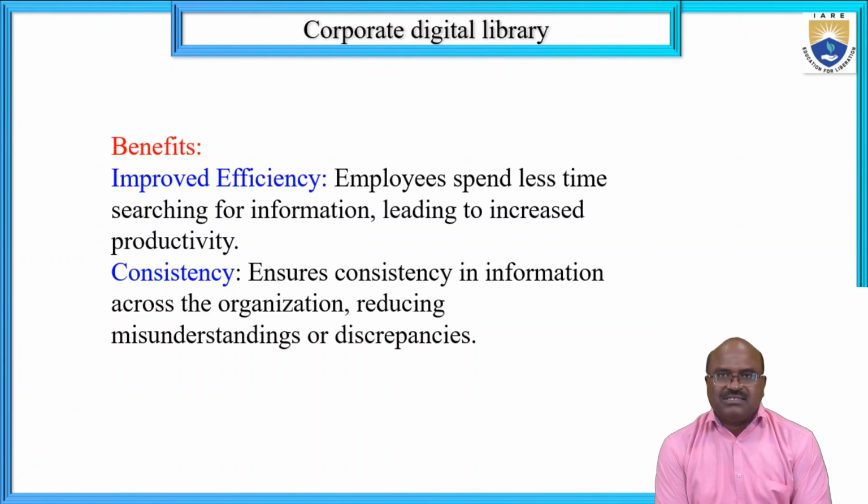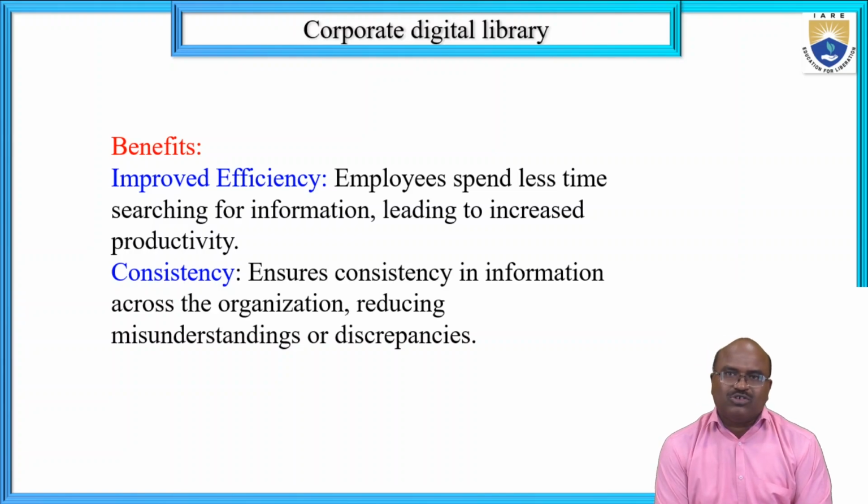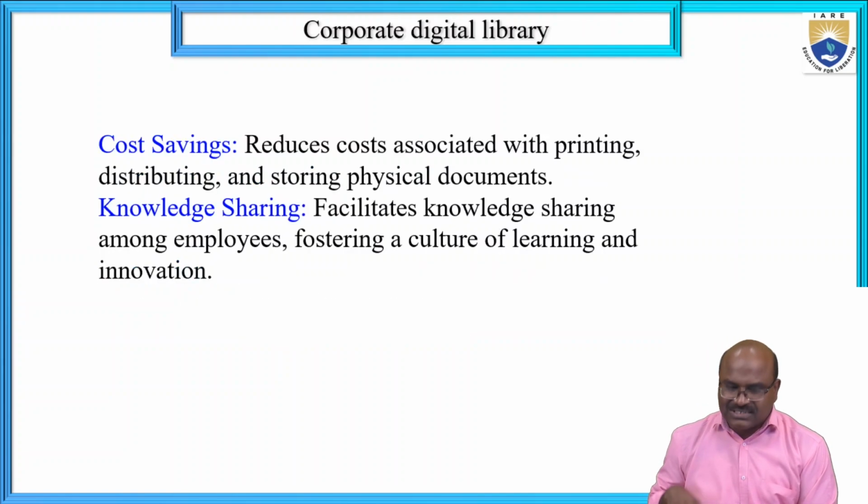So consistency depends upon reducing misunderstandings. Consistency is nothing but accurate information, accurate data, accurate values, also static values you can send. But it ensures consistency of the information across the organization, reducing the misunderstandings. For whatever purpose, we can use those instructions or material as they are, only for those purposes. This technique is called consistency.